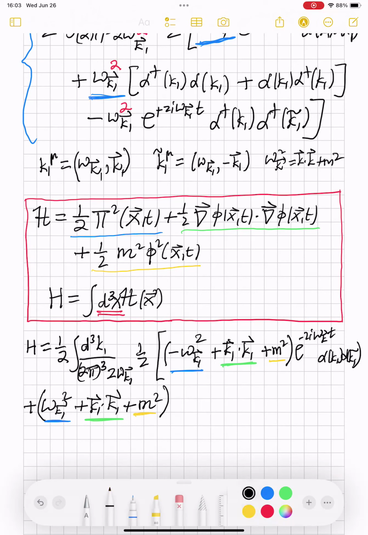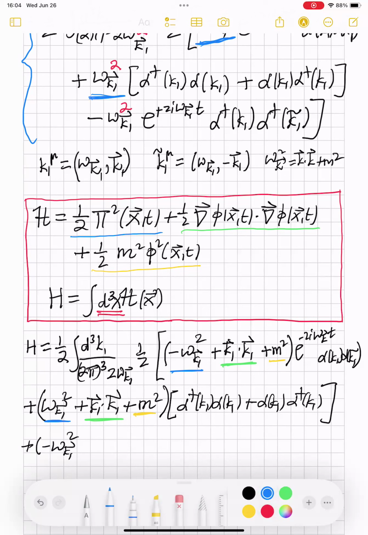And now let's complete the term. Looking back at what we evaluated, we know that this gets multiplied by alpha dagger of K1 times alpha of K1 plus alpha of K1 times alpha dagger of K1. Good. Oh, and that's a square bracket. And now we've got the final term. So for the final term, we start off with a minus omega K1 squared.